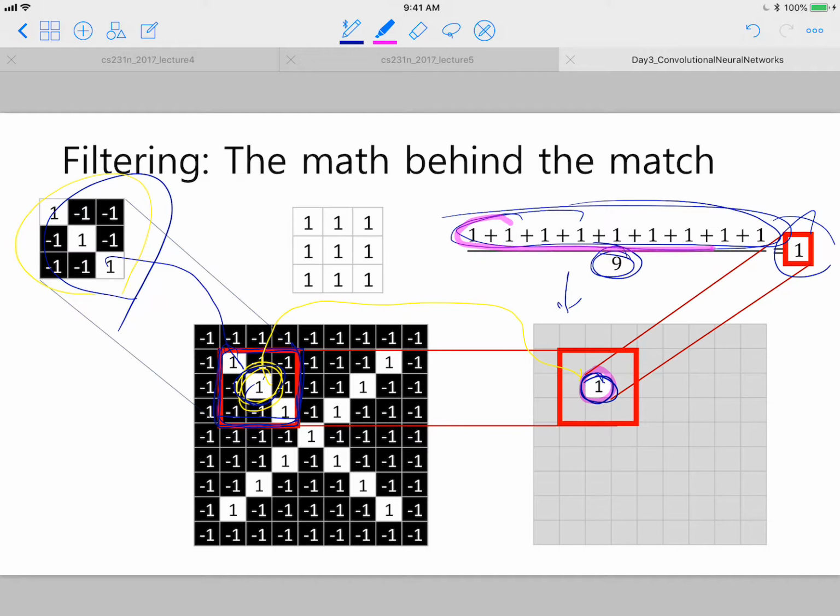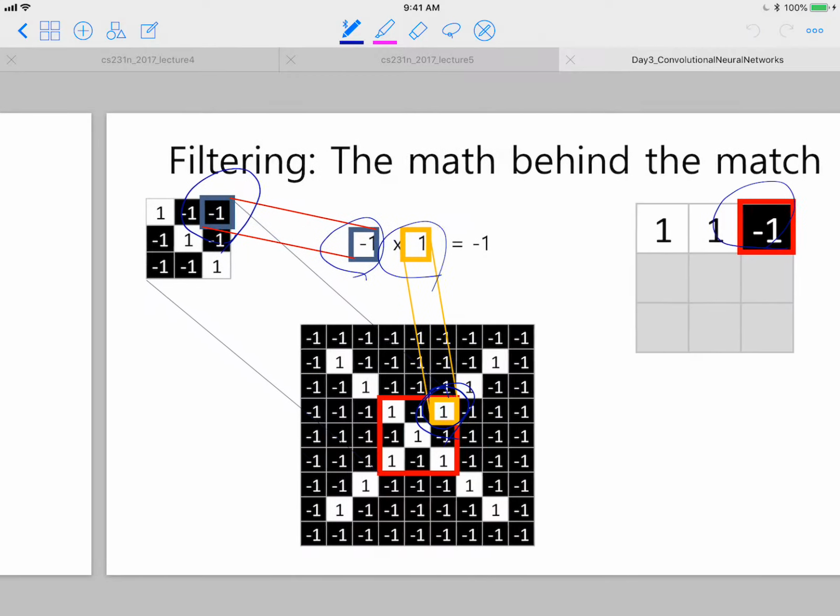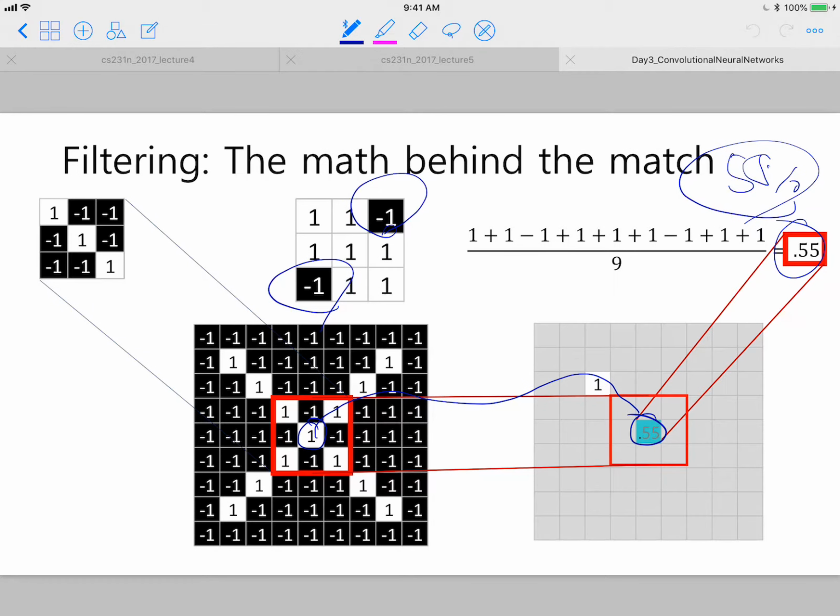Even though we computed the inner product and then simply divided it by the number of dimensions, that's just some additional detail. If we apply it to a different region that doesn't have exactly the same pattern, the activation will be smaller than the maximal activation of 1.